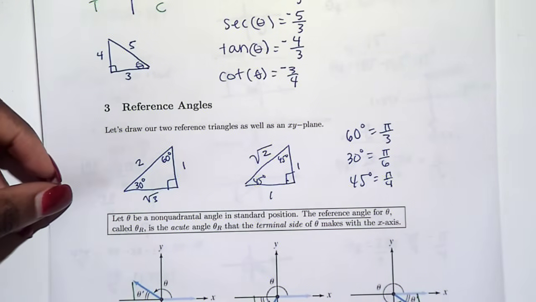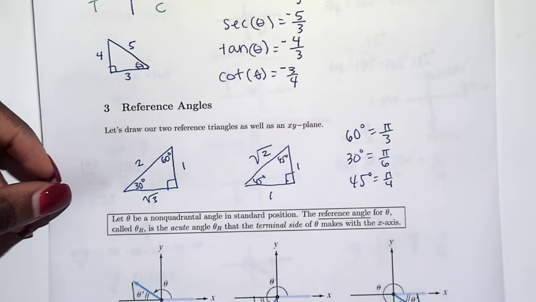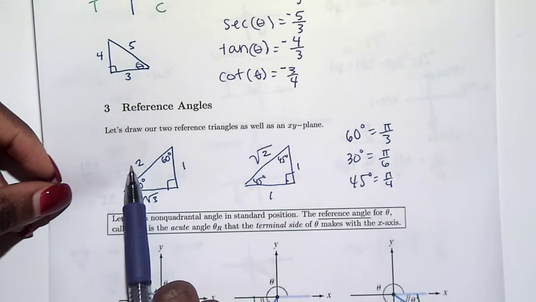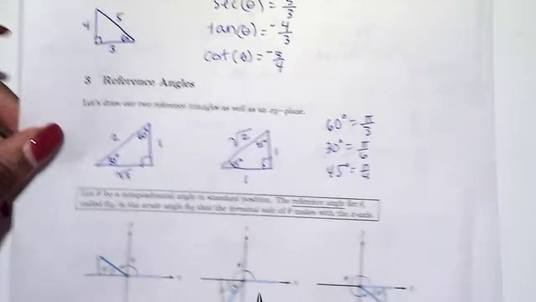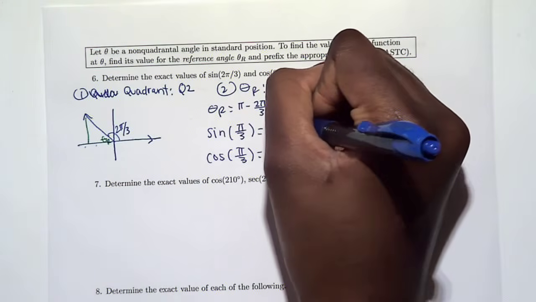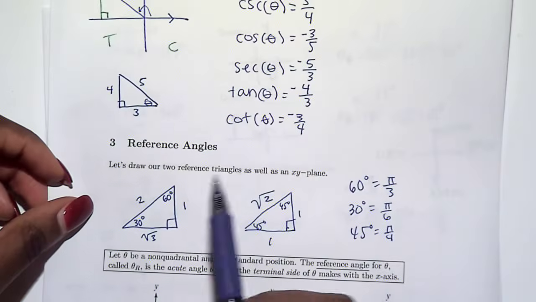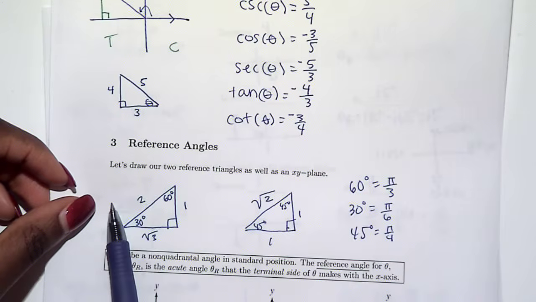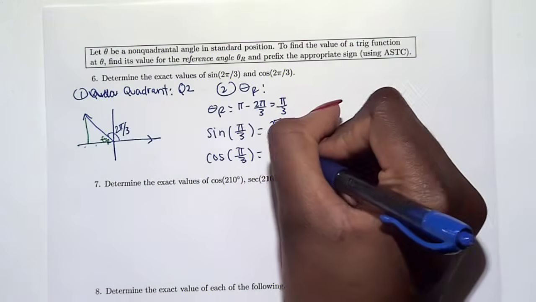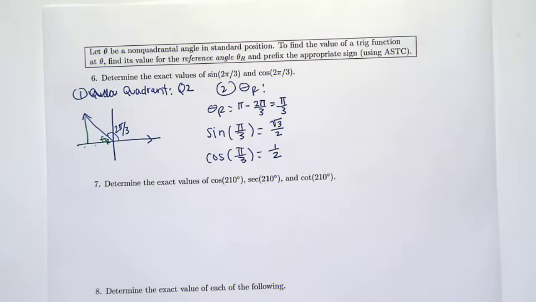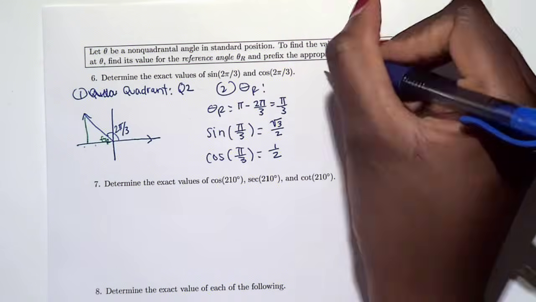So we can find sine of pi over 3 opposite over hypotenuse and cosine of pi over 3 adjacent over hypotenuse. Okay. So we have sine and cosine of our reference angle.